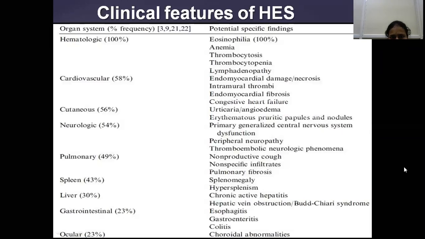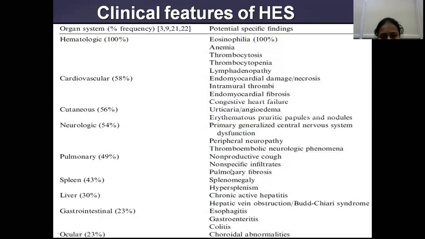Involvement of multi-organ system. Cardiovascular involvement in the form of endomyocardial damage or necrosis, intramural thrombi, endomyocardial fibrosis, congestive heart failure may occur in some patients. Cutaneous lesions like angioedemas, rash, erythema, purpuric papules and nodules, etc. The neurological features include primary generalized central nervous system dysfunction, neuropathies.